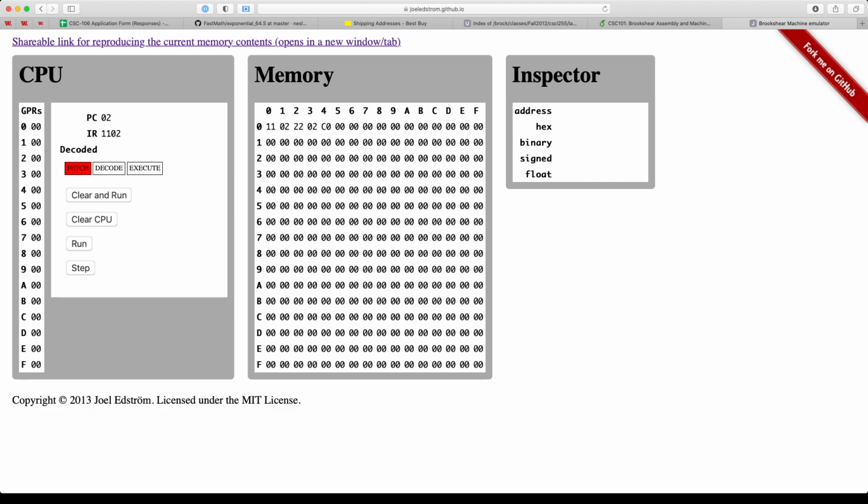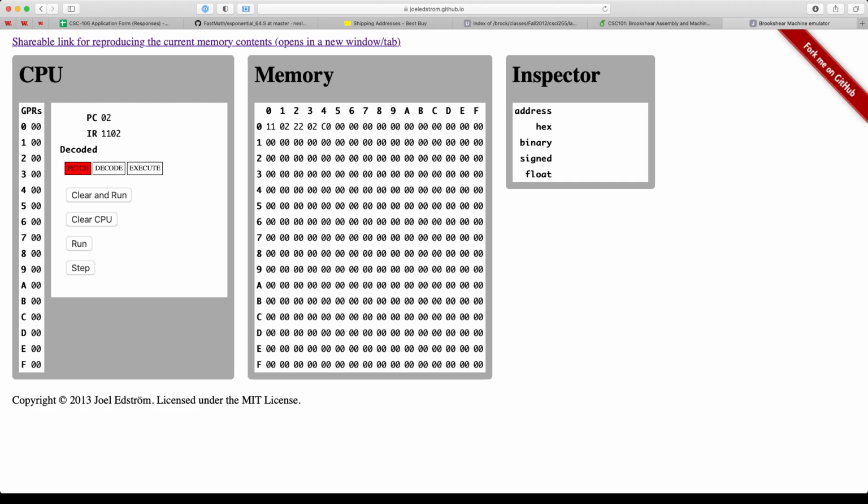We have to figure out what that means to do and then do it. That would be the decode and execute stages. So the cycle will be: fetch an instruction, figure out what it says to do, do it. Fetch the next instruction, figure out what it says to do, do it, and continue that procedure over and over again.